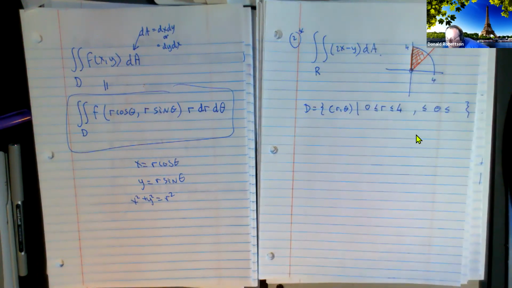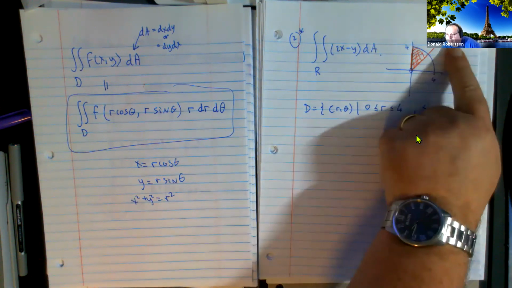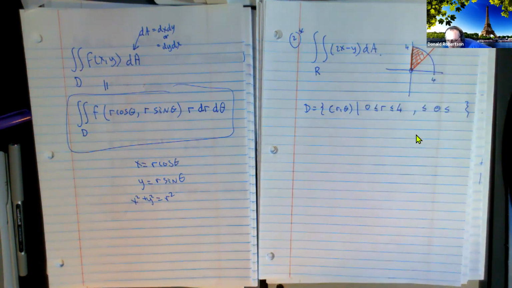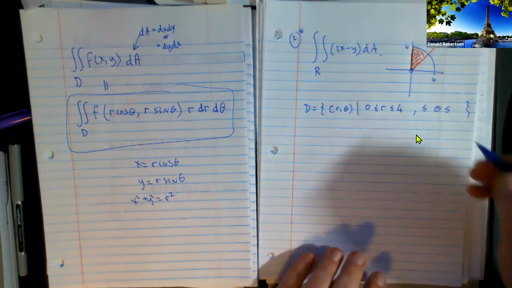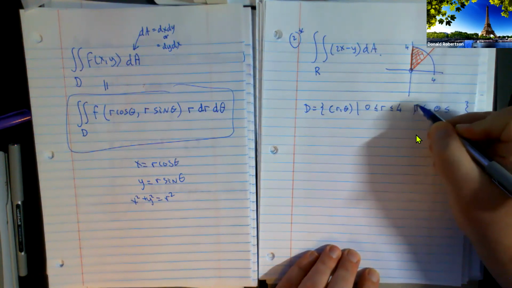The theta, however, is a little bit sneaky. This line y equals x, what angle does that make with the x-axis? 45 degrees. And I'm just going to convert it into radians.